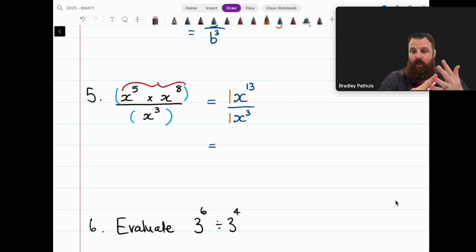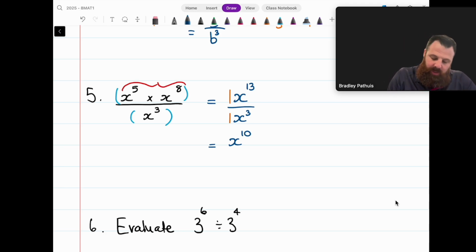And 13 take away 3, the difference between that is going to be x to the power of 10. And we leave this one as x to the power of 10. If we wanted to, we know it's x to the power of 10 over 1 because there's nothing left in the denominator except that invisible 1, but we don't have to write it. So we leave our answer as just x to the power of 10.